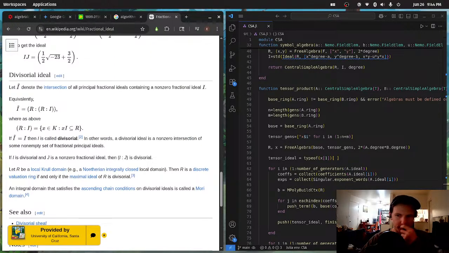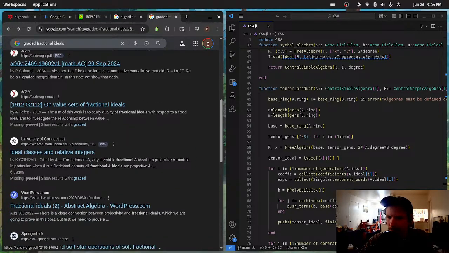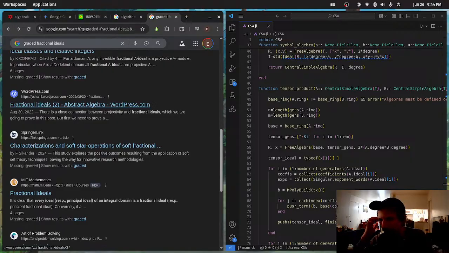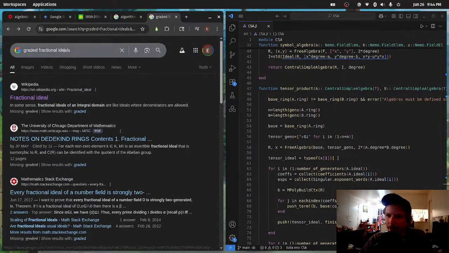This is some ideal quotient to get to... is it the same for a graded ring?